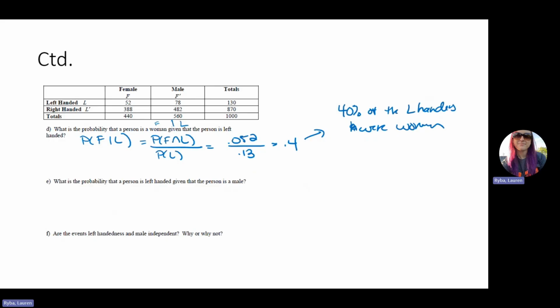This one says, what is the probability that a person is left-handed given they are a male? So left-handed given male, or in this case, not female, however you want to do that. So left and male was 0.078. And males total was 0.560.